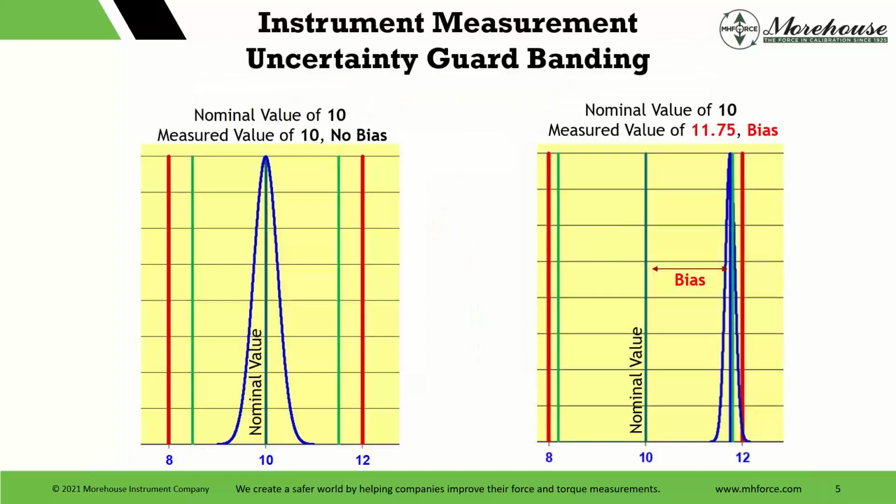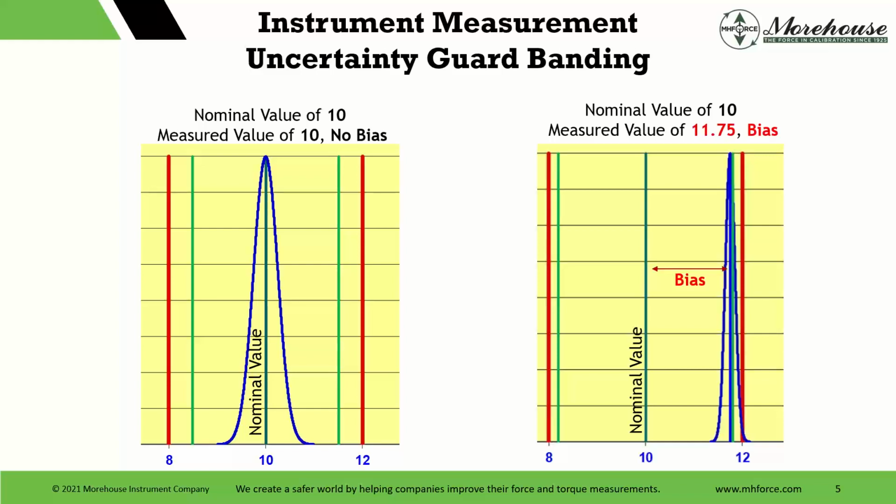And when we say bias, just to be clear, we had this in the last webinar. If you haven't taken the webinar on bias, I highly recommend it. We have a nominal value of 10 and a measured value of 10. That's on the left here. Since they match, to our knowledge there's really no bias.